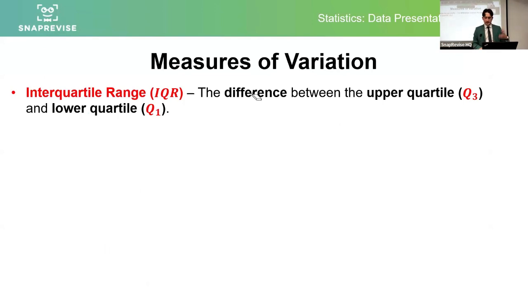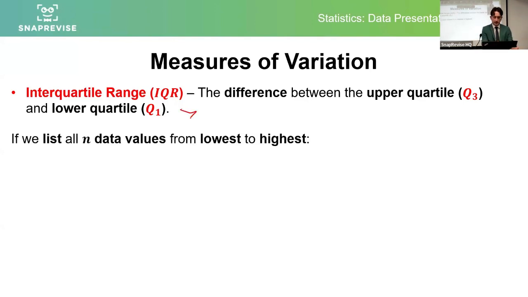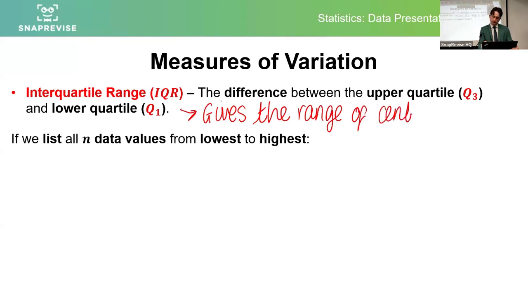One type is the interquartile range, which is the difference between the upper quartile and the lower quartile. What this does is give the range of the middle 50% of the data, which hopefully we've seen, the central 50%.